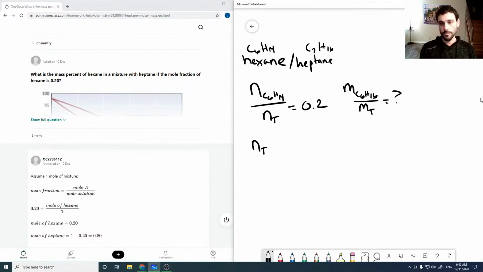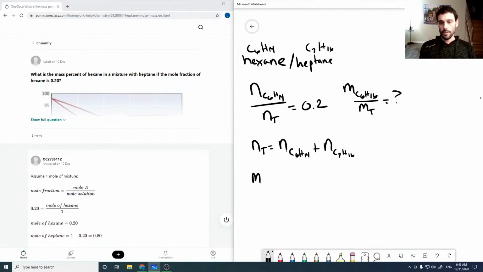Okay, so our N total is just the sum of our moles, N of hexane plus that for heptane.